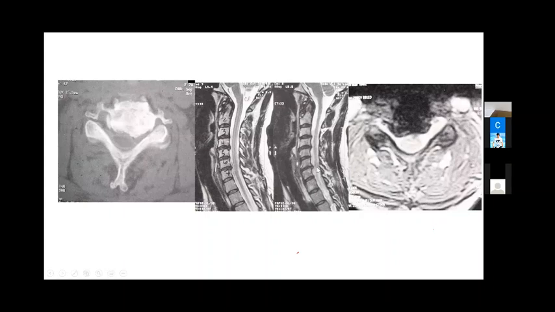Usually, you see some compression on the cord and myelomalacia changes. Most of the time you get a CT of these patients to see if there is any osteophyte. Sometimes the posterior ligament can be ossified. It gives you an indication of which way to approach. If it is all ossified, it's probably difficult to go from the front; you should go from the back.